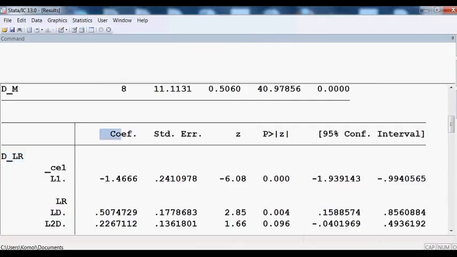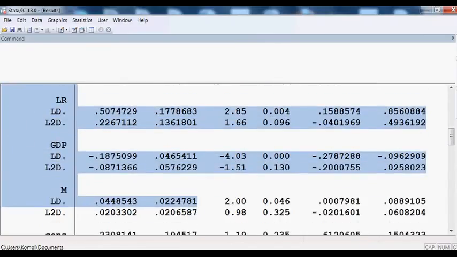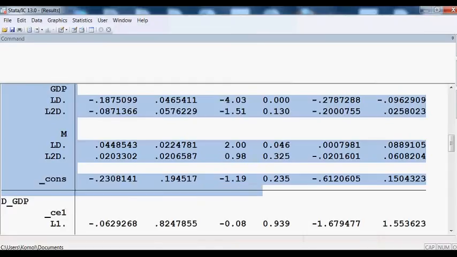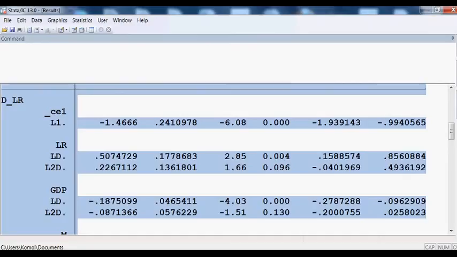So this one is our target model, where lending rate or LR is the dependent variable. And this one is the error correction model, and only this one I shall be picking up from this model.